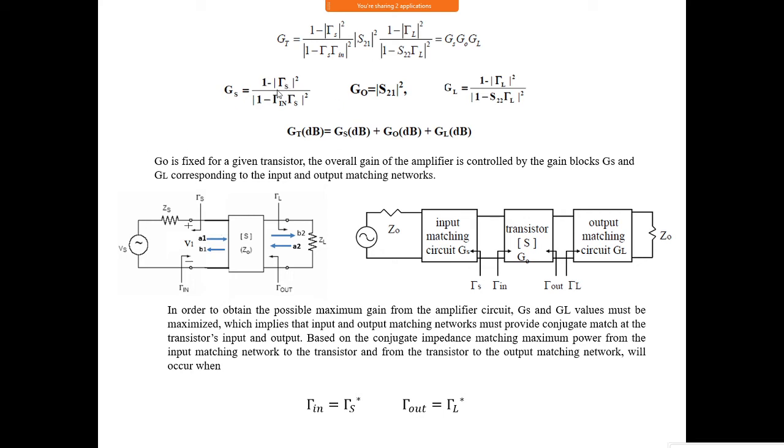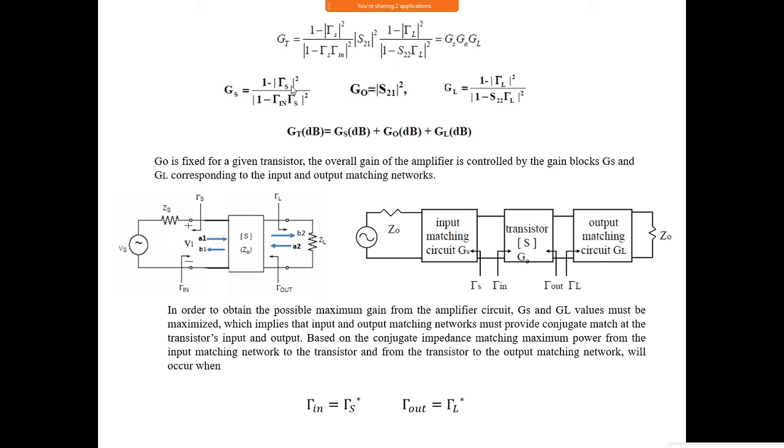It is not a single value actually. There are multiple combinations of ZS. ZS is a complex number, which means it has a real term and an imaginary term.